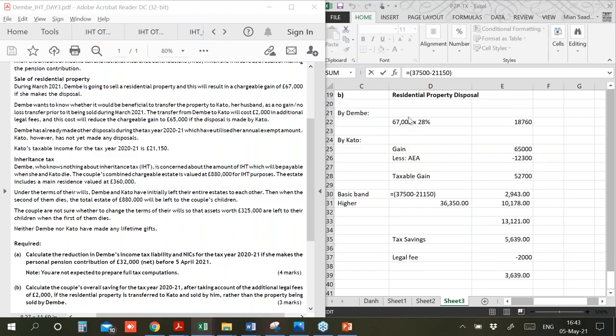Now, the second thing is, if any of them dies, because they have not made any gift, will the second partner inherit the other's nil rate band completely? What do you think, guys? Will the surviving spouse get the complete nil rate band?